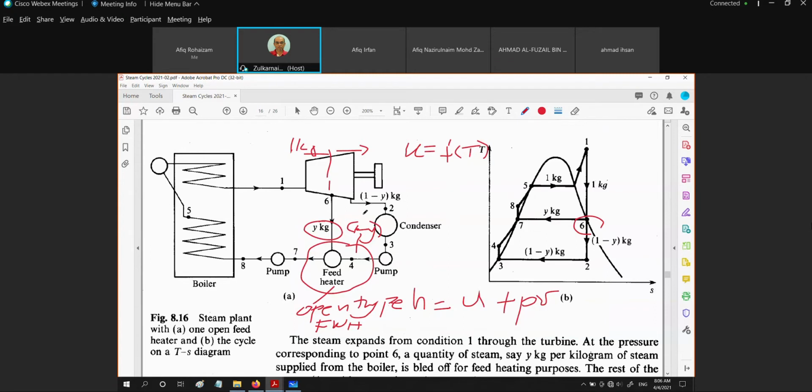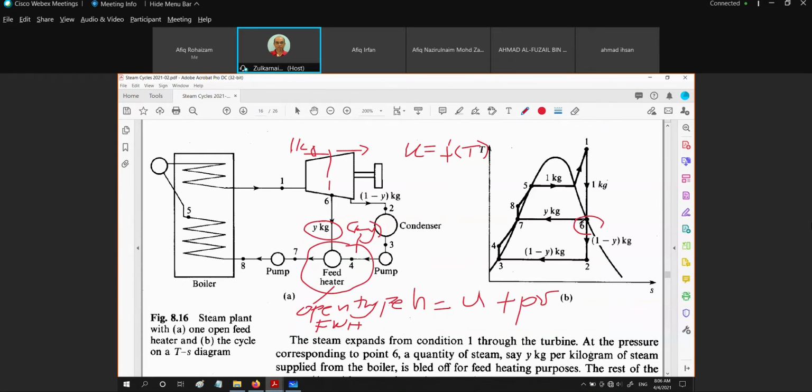And we also could have a cycle whereby we have the two-stage expansion with reheat. Okay, two-stage of expansion with reheat and incorporate with the feed water heater. In this case, there is no reheat.